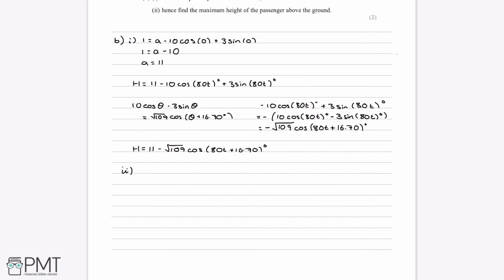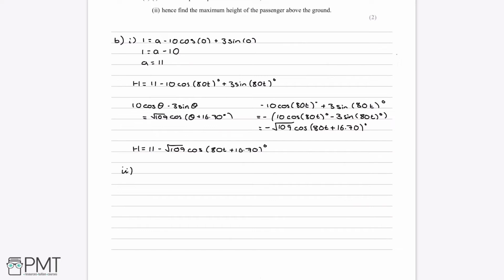Because we have 11 take away root 109 cos 80t plus 16.70, because it's take away, that means that we want this to be as small as possible, or if possible, negative, in which case h would be as big as possible.